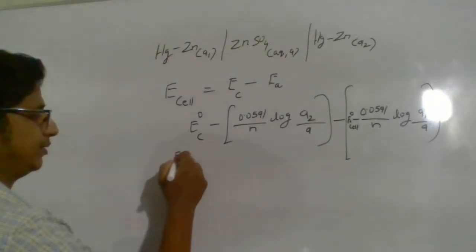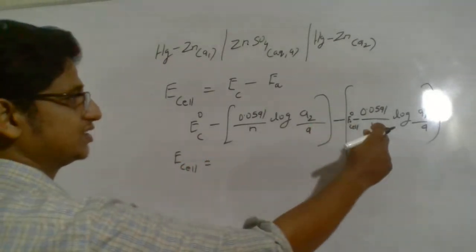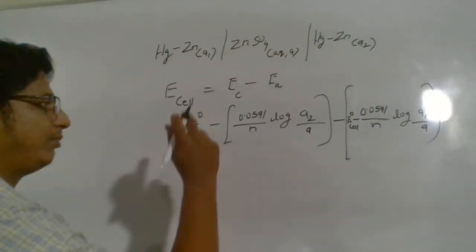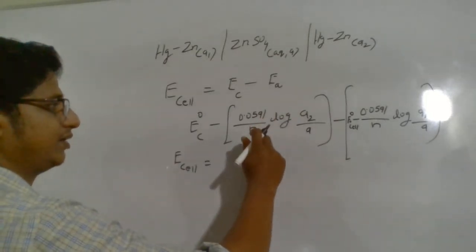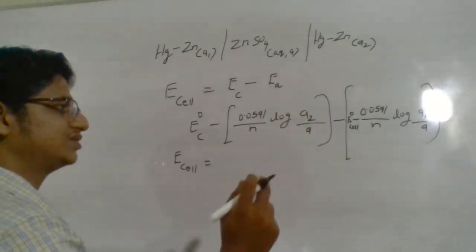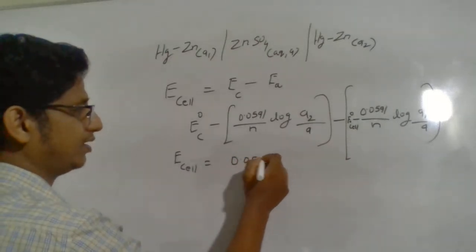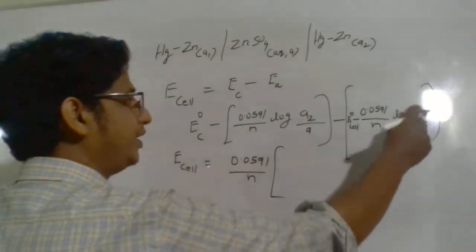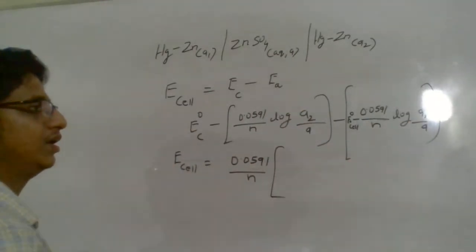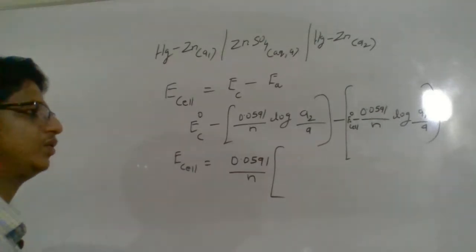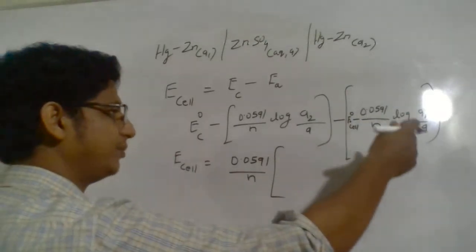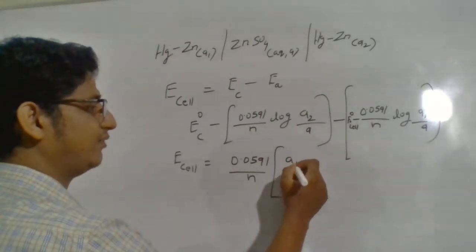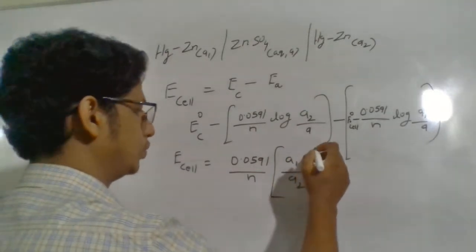So E cell will be equal to 0.0591 divided by n log A1 by A minus 0.0591 divided by n log A2 by A. You can take 0.0591 divided by n outside, and log A1 by A minus log A2 by A, using log A minus log B equals log A by B. So A1 by A divided by A2 by A, the A cancels, and what remains is A1 by A2.